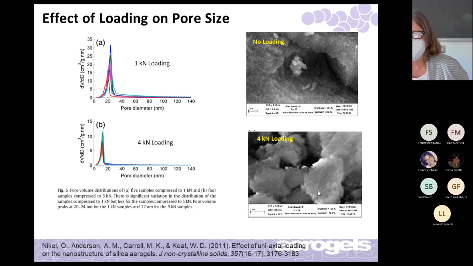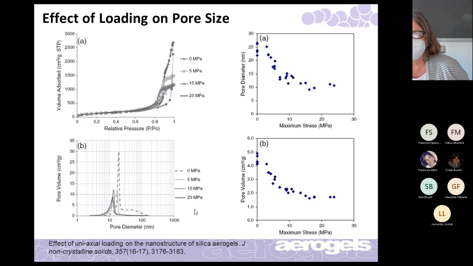And so we did a nice thing with that. And in fact, I showed this yesterday as an example of where we used gas adsorption. And these are now, instead of in terms of load, we're using final pressure on the sample, or stress, because these get smaller.